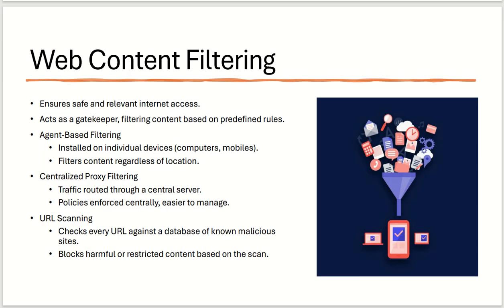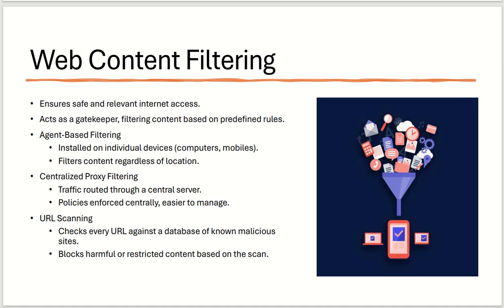Web content filtering acts as a gatekeeper by filtering content based on rules that have been predefined. Agent-based filtering is a type of web content filtering whereby an application is installed on an individual device, such as a computer or a mobile device, and filters the content regardless of the location of the computer.